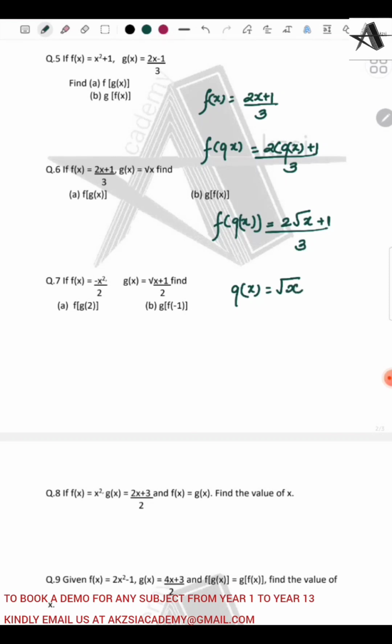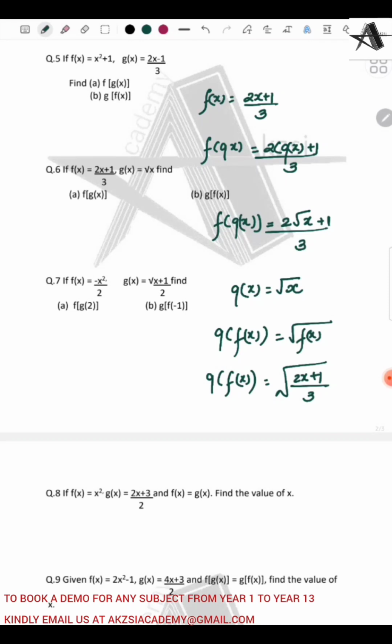And in place of x, I'll substitute f(x). So that is root of f(x), simple. What is the value of f(x) given here? That is (2x plus 1) over 3. So g of f(x) is root of ((2x plus 1) over 3). You can't simplify it, so leave your answer just like that.